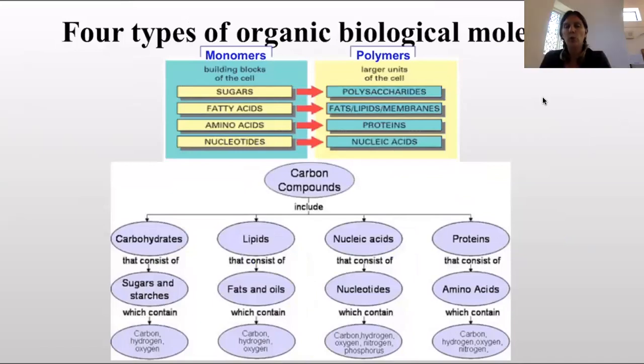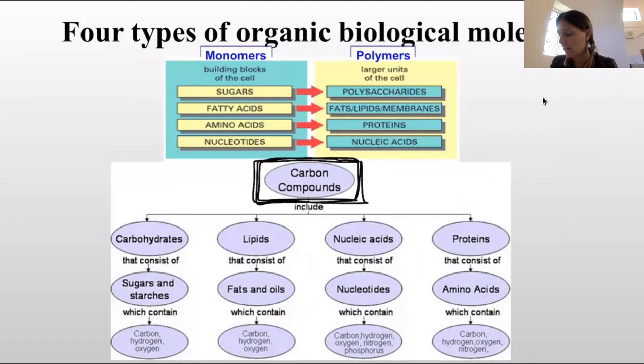When we talk about our biological molecules, why do we care about this? These are super important for all of life. All biological molecules have carbon in them. We've talked about the importance of carbon, why it's special, and how it has lots of binding potential with those 4 carbon bonds.